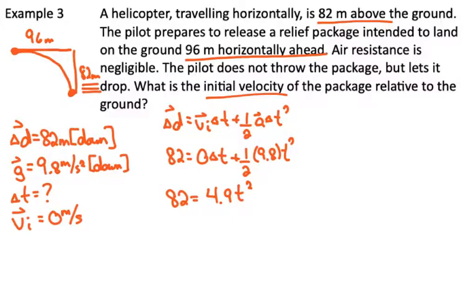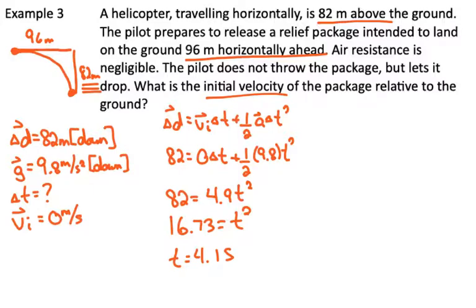Dividing both sides by 4.9, we'd get 16.73 equals T squared. Taking the square root, going to 2 sig figs, we would get a time of 4.1 seconds. So this package takes 4.1 seconds to hit the ground.